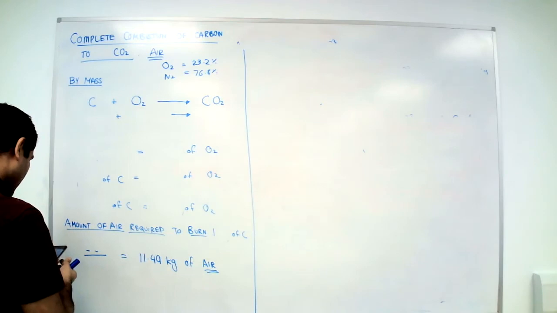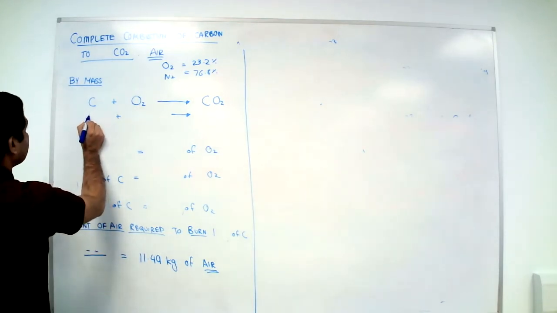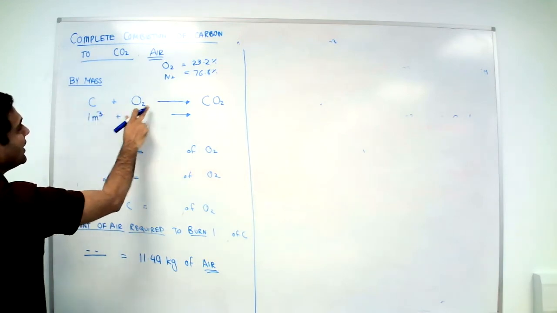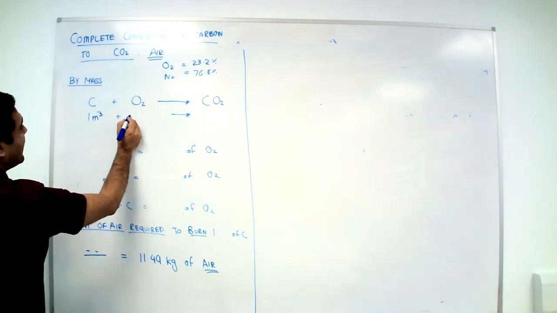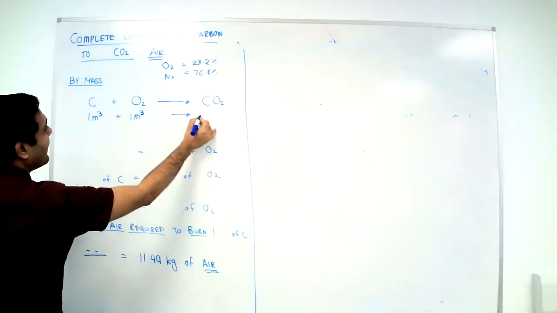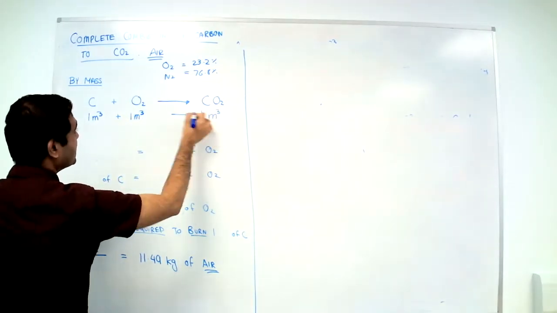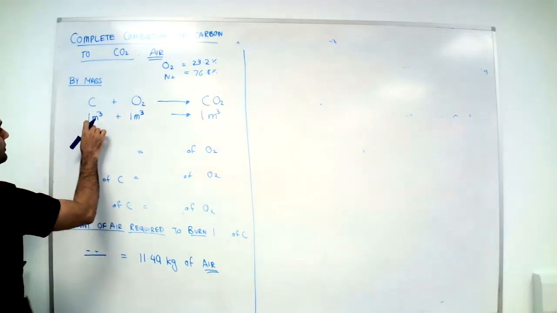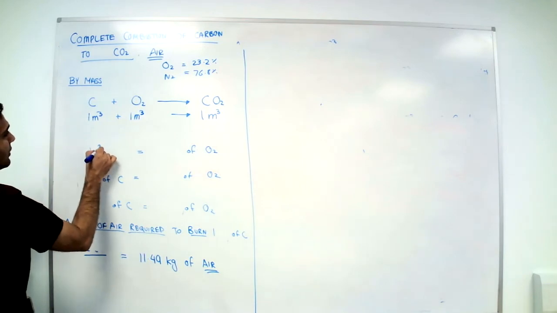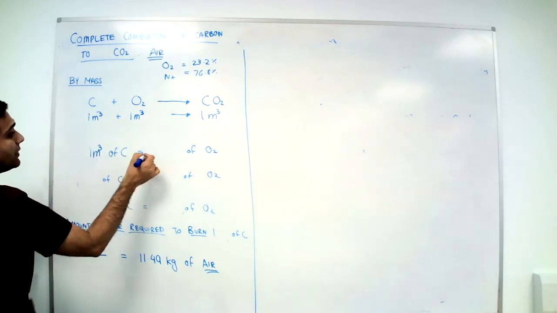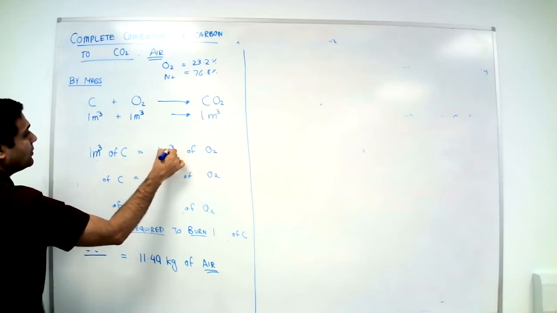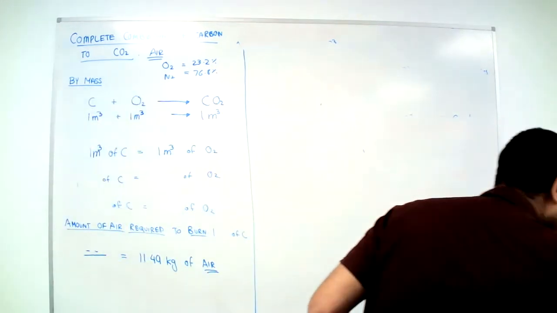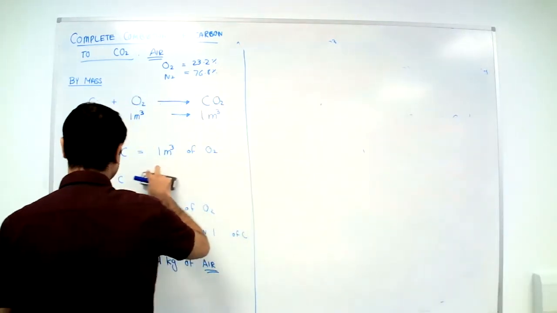When we do that in terms of volume, let's say it's 1 meter cube. I just copy the number from here because they are balanced. 1 meter cube, 1 meter cube, and 1 meter cube. Now, 1 meter cube of carbon requires 1 meter cube of oxygen. So I don't have to do the second step because luckily it was just 1 and 1.